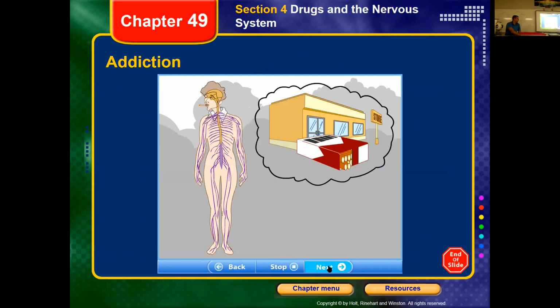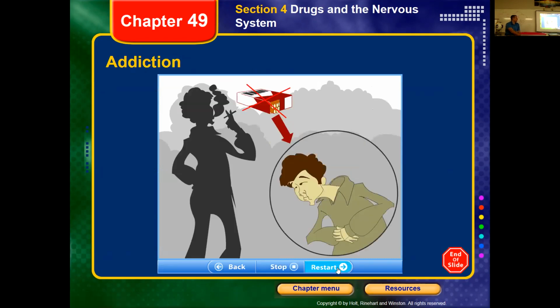Pathways in the central nervous system may also be changed due to the drug. These changes and the force of habit reinforce the psychological need for a particular drug. Irritability, anxiety, and confusion may result when the drug is denied. If the body doesn't receive the drug, the body may react with symptoms of nausea, vomiting, and pain.